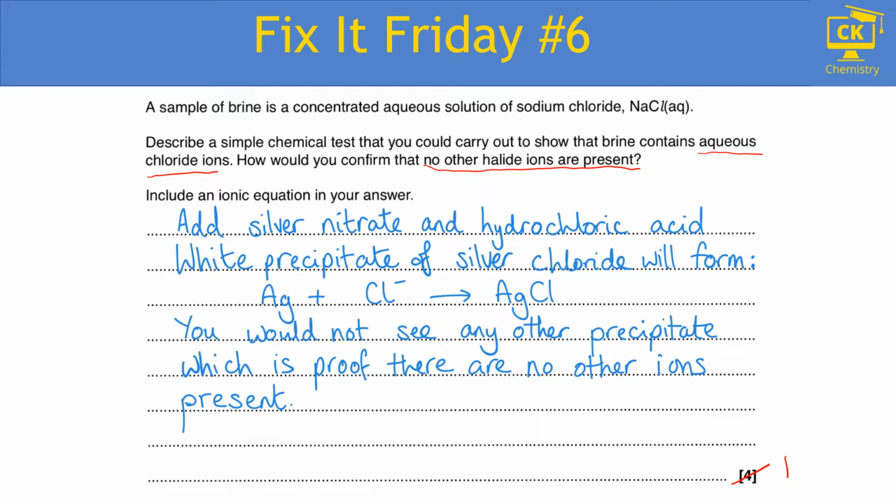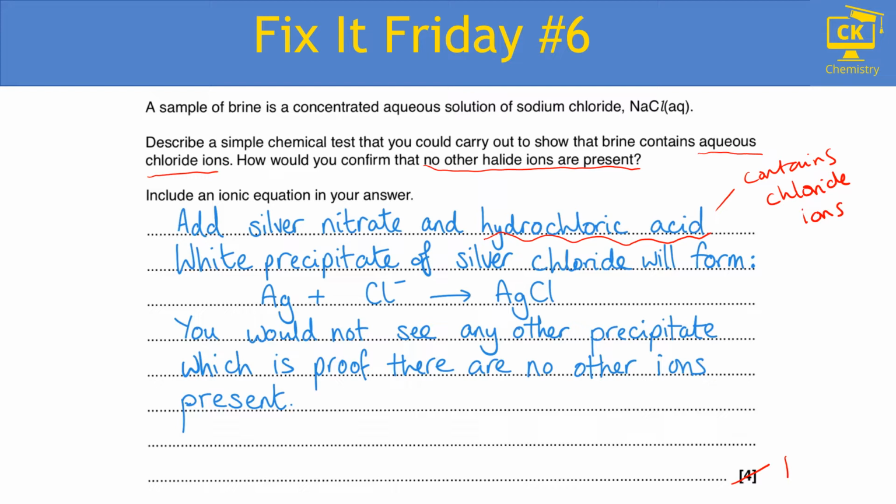However, this student has then said to add hydrochloric acid, which contains chloride ions, and that rather takes away from the fact that chloride ions are the thing you're trying to test for. If you are going to add an acid, which all our ion tests for anions, for negative ions, usually do involve, then you need to match the acid to the reagent you're using.